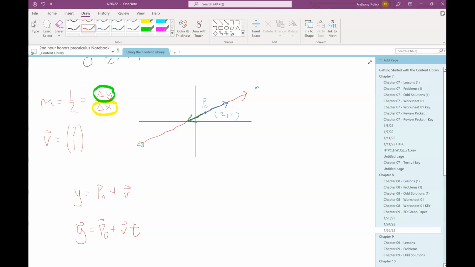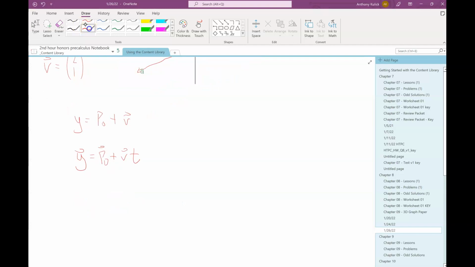Okay. So one more small change, and this is purely notational so that it's not confusing. Instead of writing this as y equals p naught plus vt, we write it as r equals r naught plus vt.